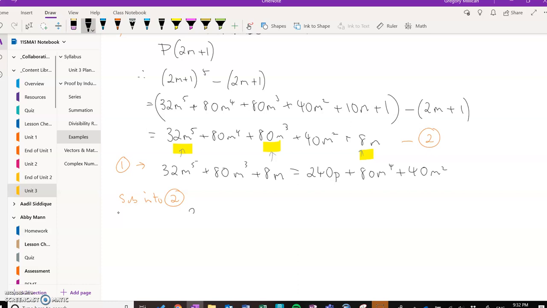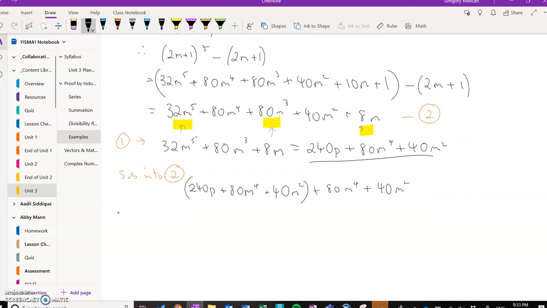So it's going to be 240p plus 80m^4 plus 40m^2, plus 80m^4 plus 40m^2.